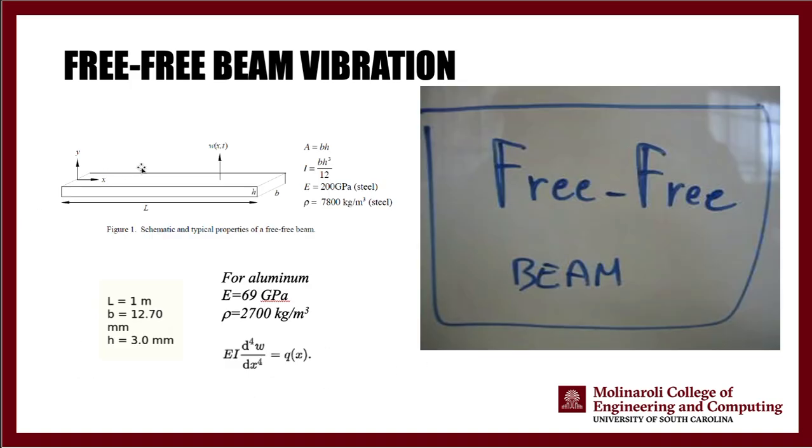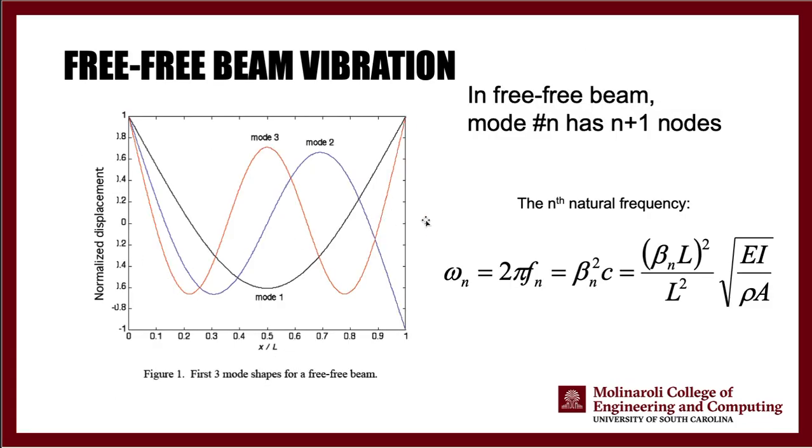Okay, so we will give you a beam like this that is 1 meter long, 12 millimeters deep, and 3 millimeters high. So essentially a very long beam, right? The idea is this beam is connected to a shaker in the middle and is going to shake the beam. You are going to record the locations where the lateral displacement is 0.